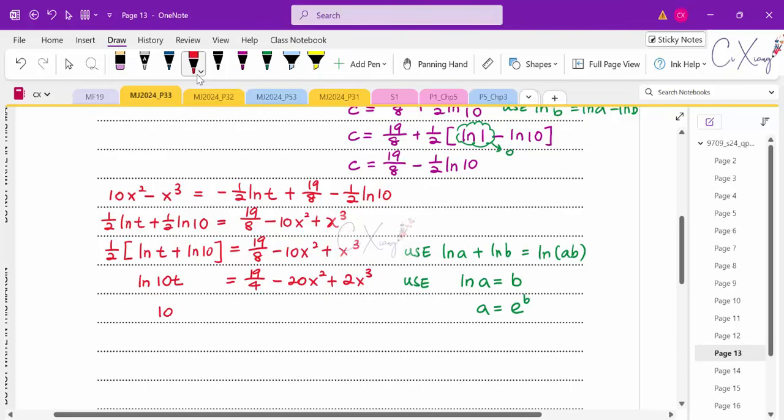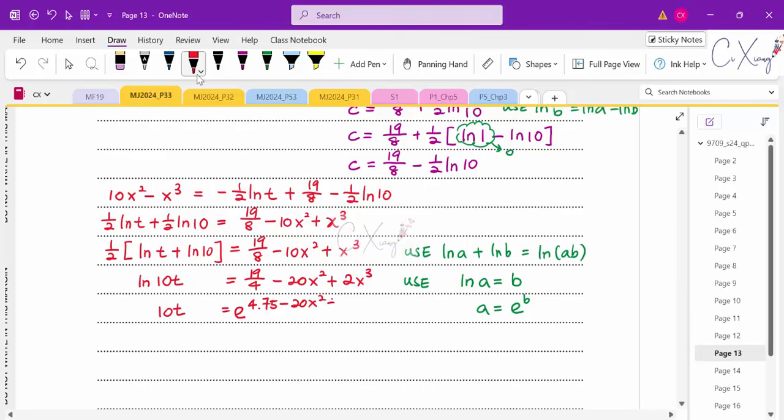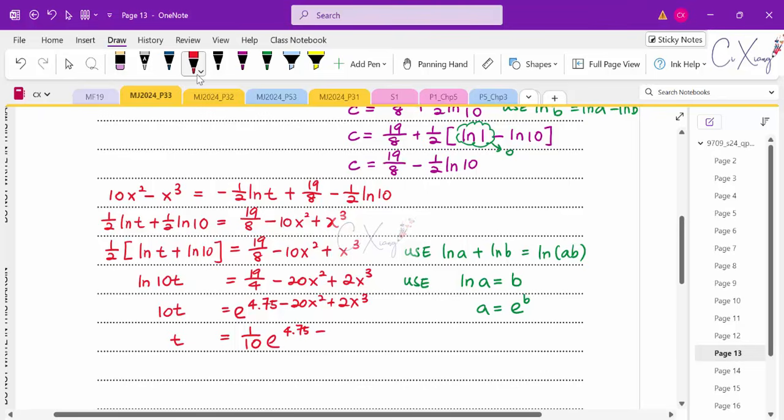I don't want the ln now, I bring it over, so it will become e. 19 over 4, maybe I put it into decimal number, so it is 4.75 minus 20x squared plus 2x power 3. Then final step, you bring the 10 over, it becomes 1 over 10. E power 4.75 minus 20x squared, then plus 2x power 3. So this is how we get the answer for t in terms of x.